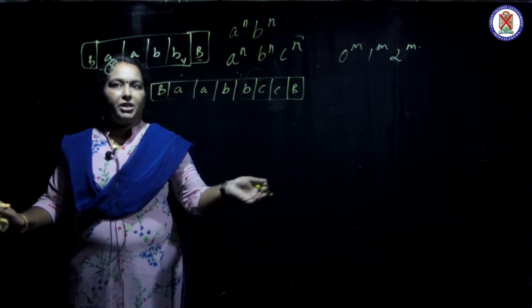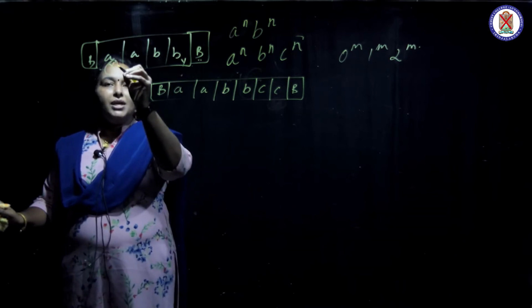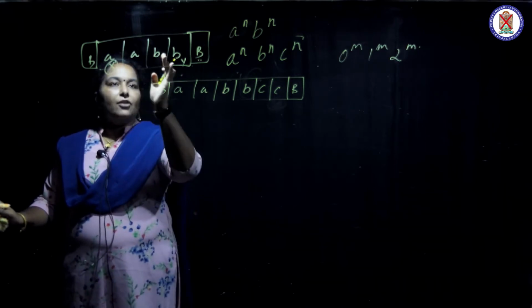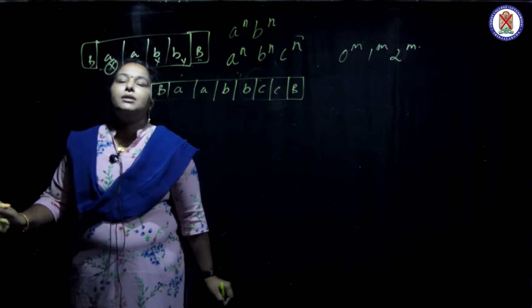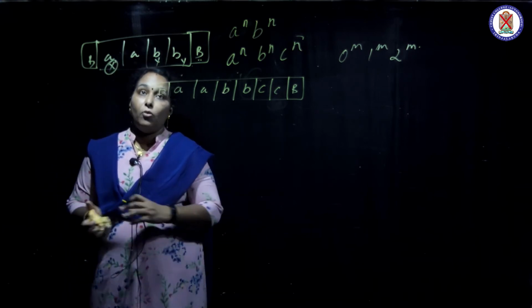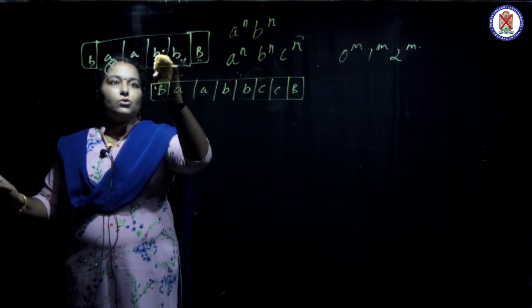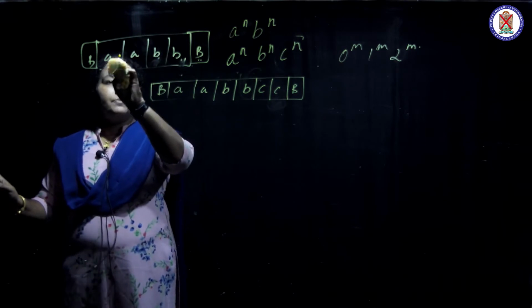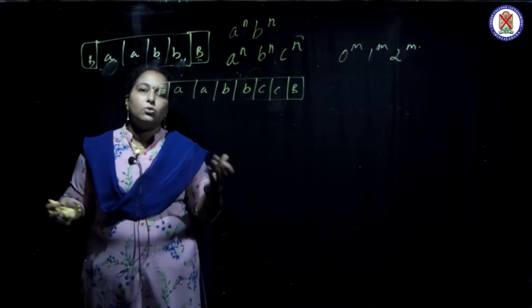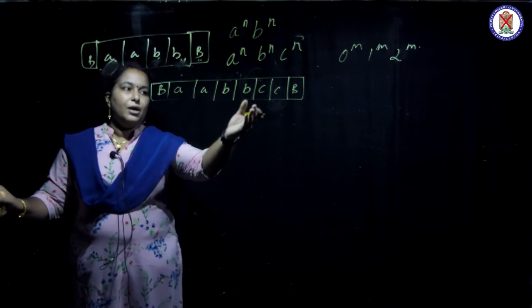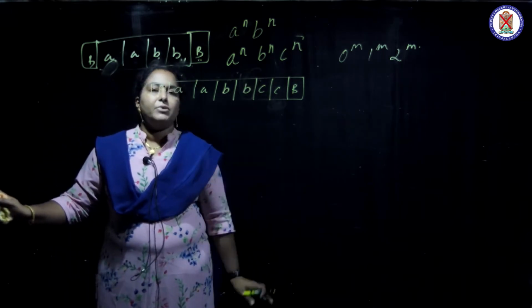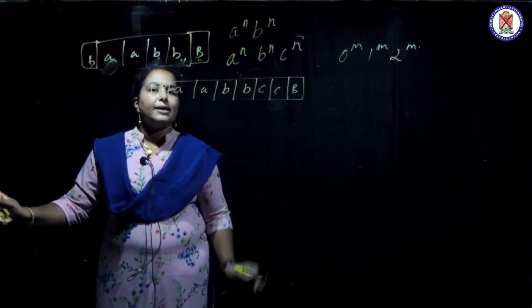Another thing that can be done is I make this a as x and after a, when I see b, I make it y. That can also be done. So to get an idea of both logics of the Turing machine, I am doing a raised to n, b raised to n, c raised to n using the second logic.